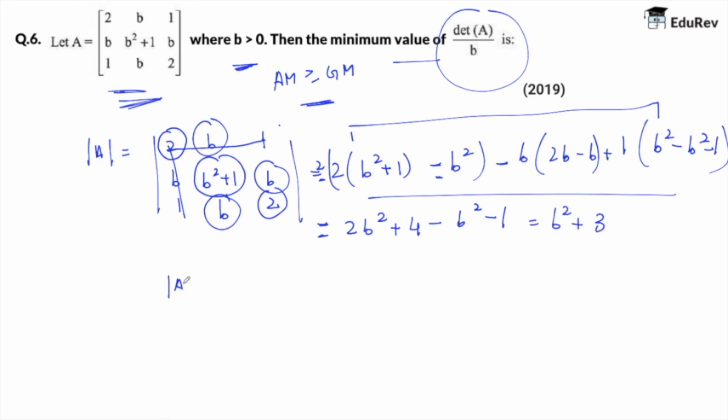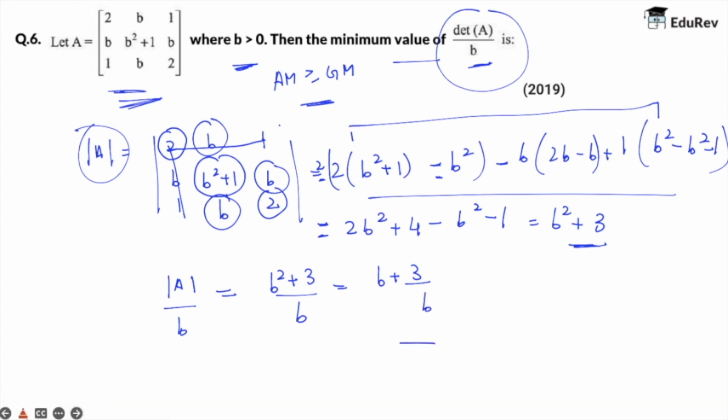Now mod A by B will be what? We know that mod A is this, but we want to find out this, right? So mod A by B will be b square plus 3 by B, right? Which is going to be what? B plus 3 by B. Now we need to figure out the minimum value. So we need to use the concept of AM greater than GM.